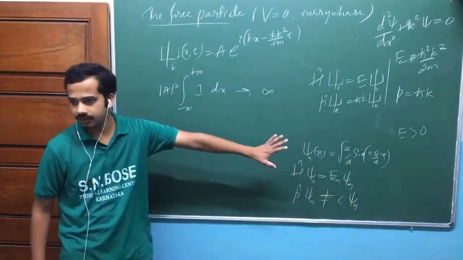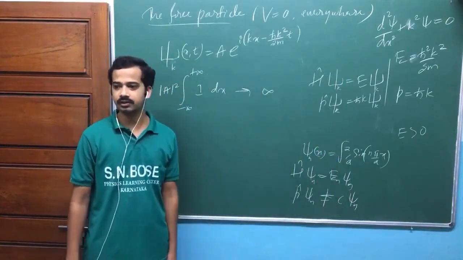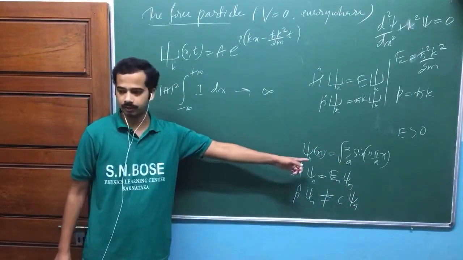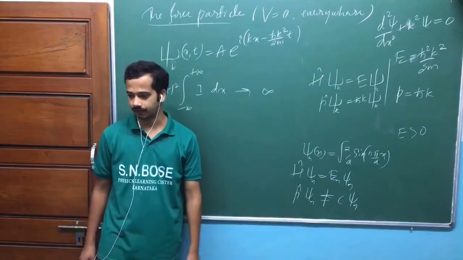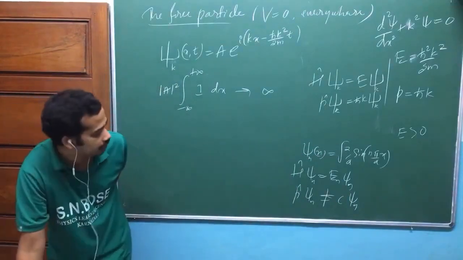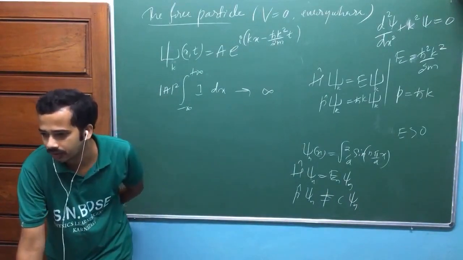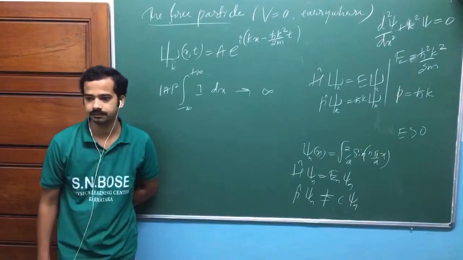That's not a definite momentum state. That was a definite energy state, the particle in a box problem. That's a good question. If a particle has definite energy, is it necessary that it should have definite momentum? No, it need not have definite momentum.